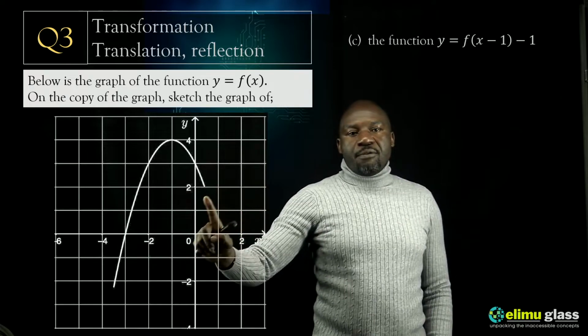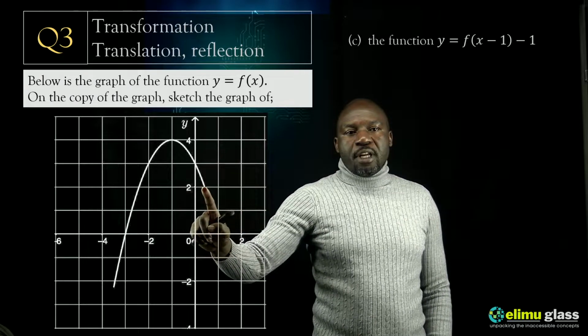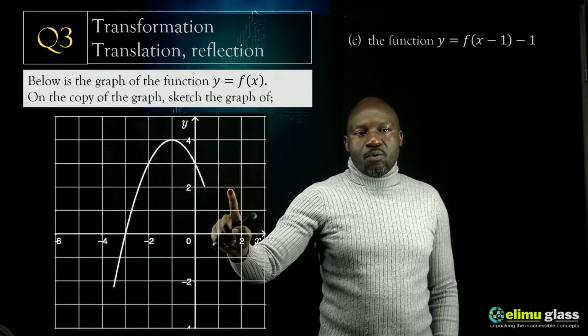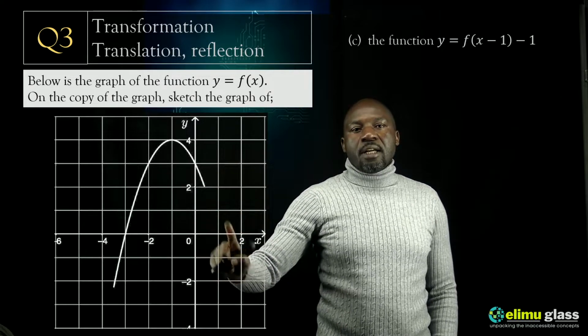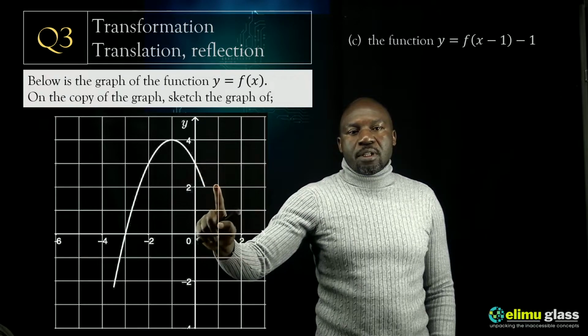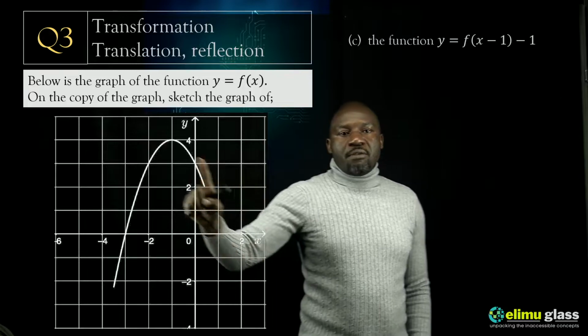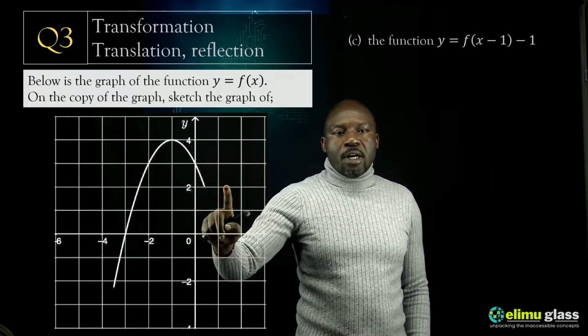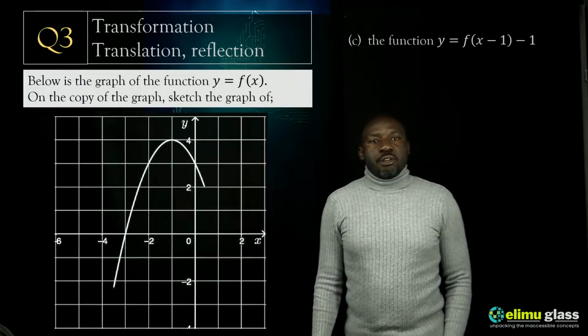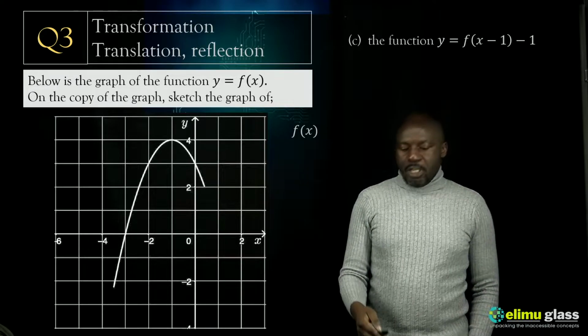So effectively every point moves: this point here will move 1 step in the x direction, 1 step in the y direction, like that. This point will move one step in the x direction, one step in the y direction, like that. So every point moves one step, 1, 1. Again, the original coordinates are given.